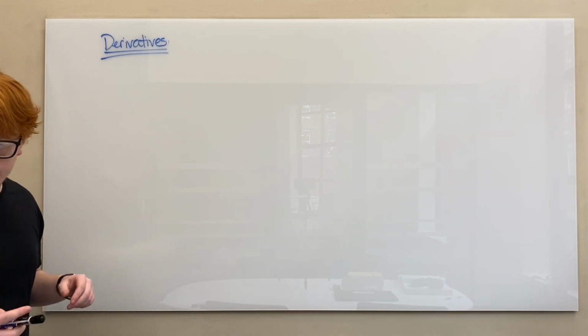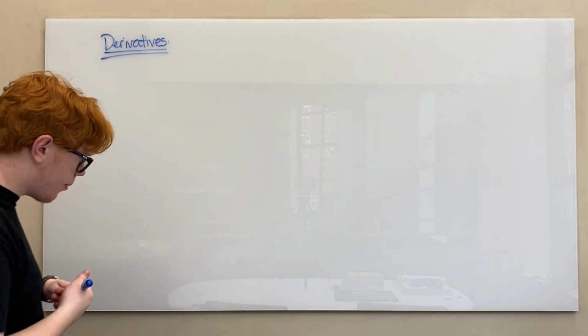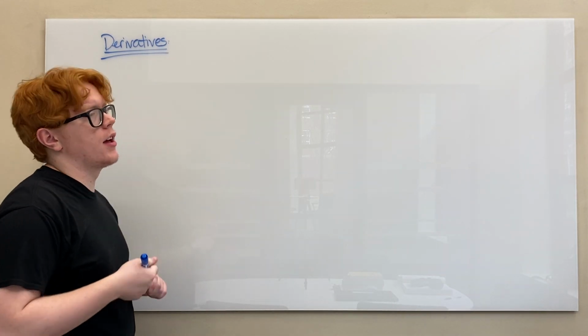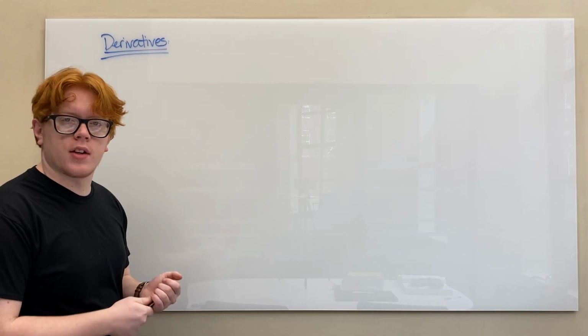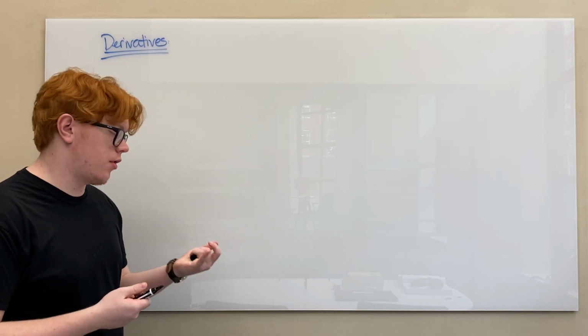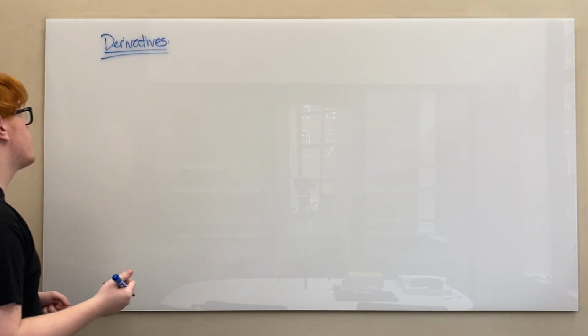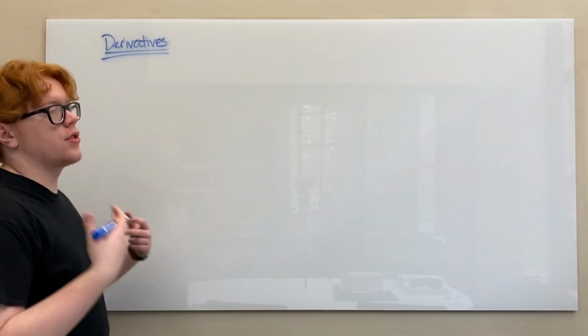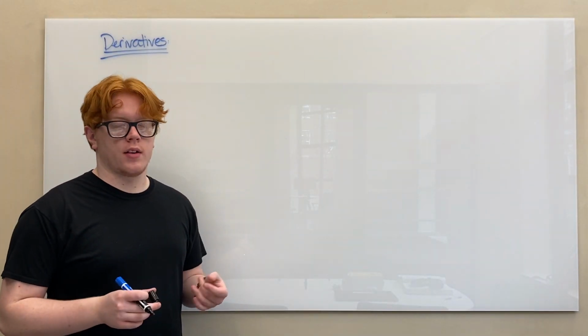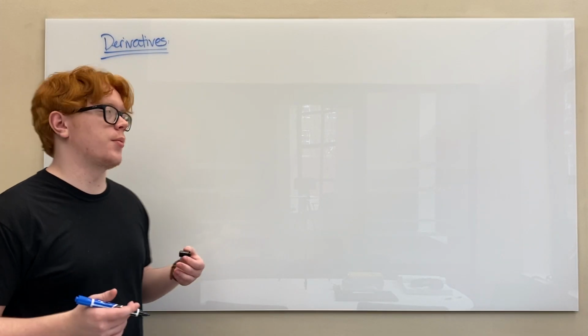So let's get started. First thing, I want to make a note about differentiability that I failed to mention in the intro to derivatives video. In order to be differentiable at a point, we need to be able to find the slope.